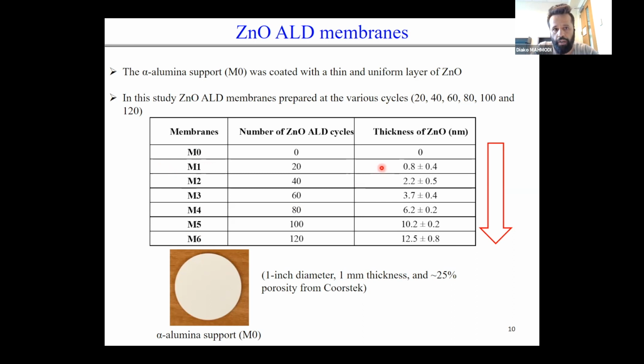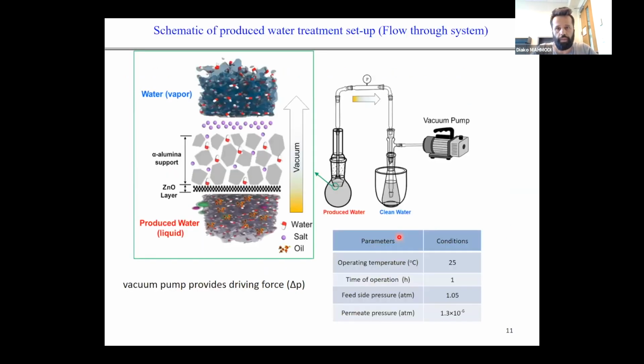As you can see, for M1, 20 cycles, the thickness of the zinc oxide is 0.8 nanometers. From M1 to M6, the thickness of zinc oxide increased progressively and reached 12.5 nanometers.